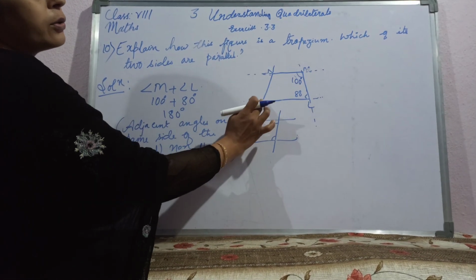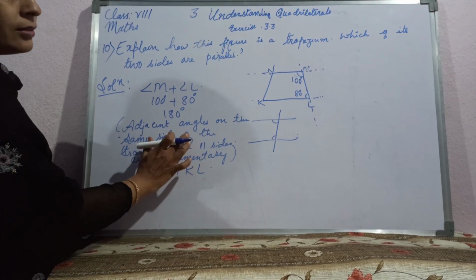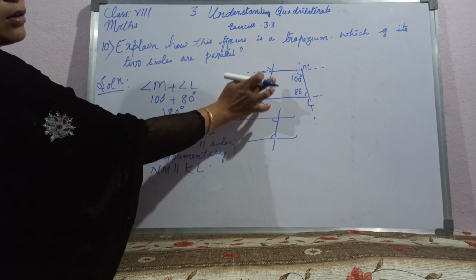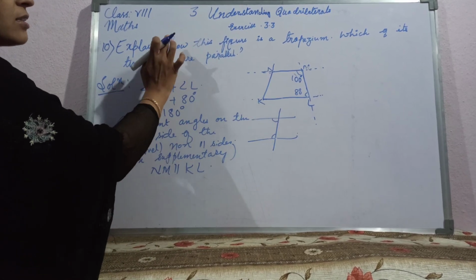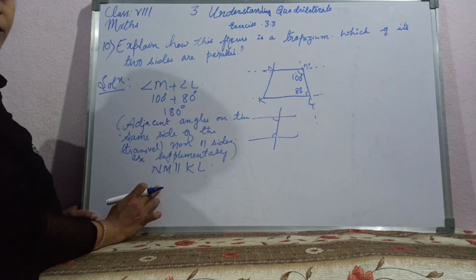These two lines are parallel to each other. So as one pair of the lines is parallel, we can say that this figure is a trapezium on this basis.